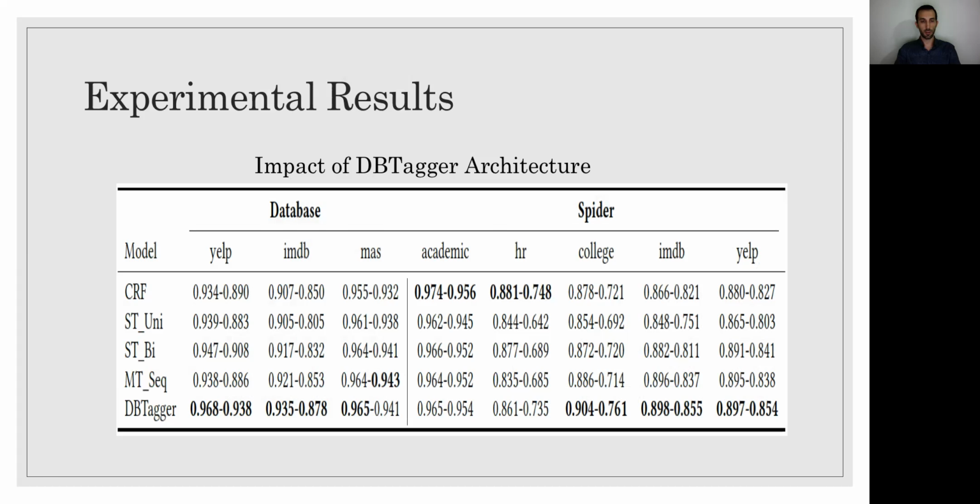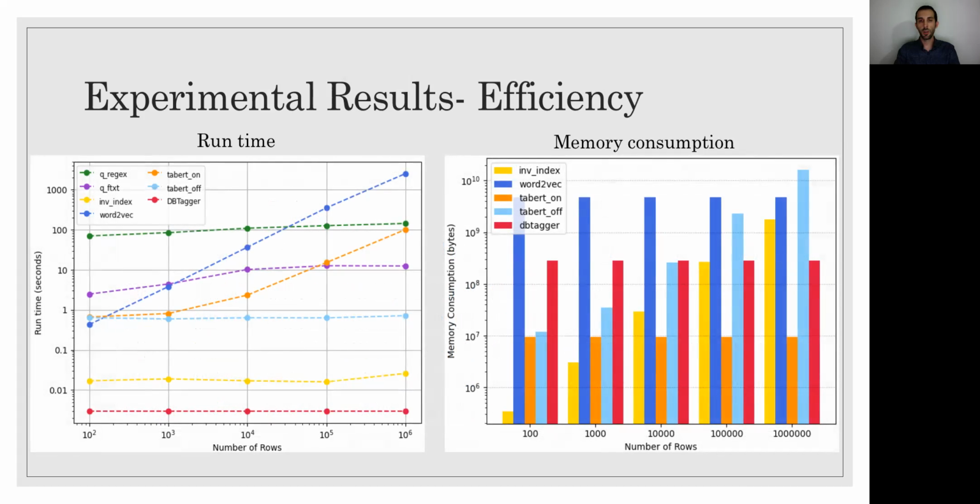In this last experimental result, we provide an efficiency analysis, and to the best of our knowledge, this is the first comprehensive efficiency analysis, not only for keyword mappers but also for the general NLIDB translation pipeline.